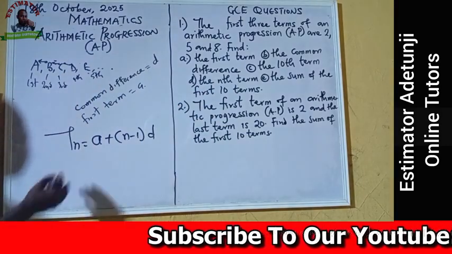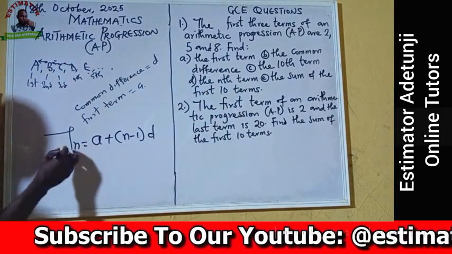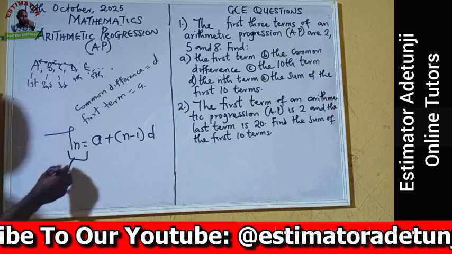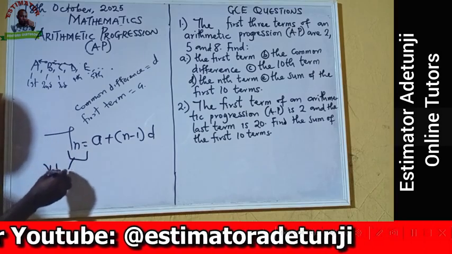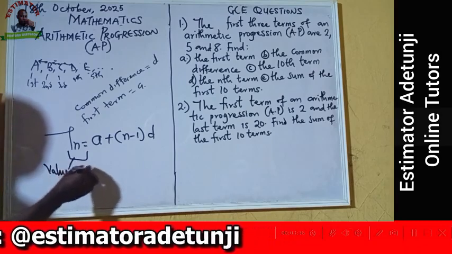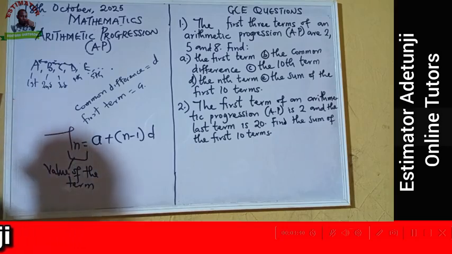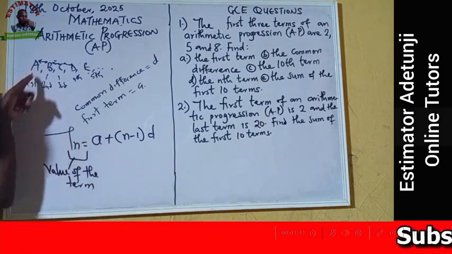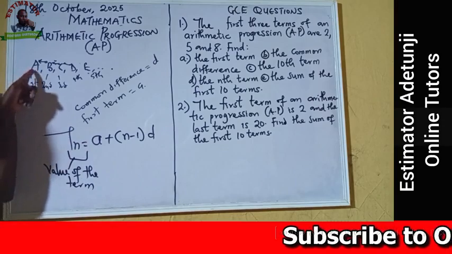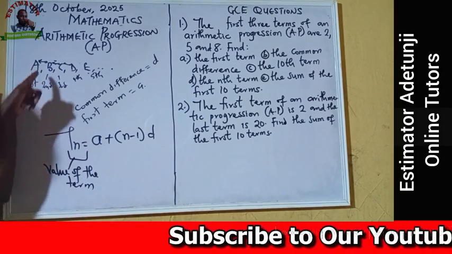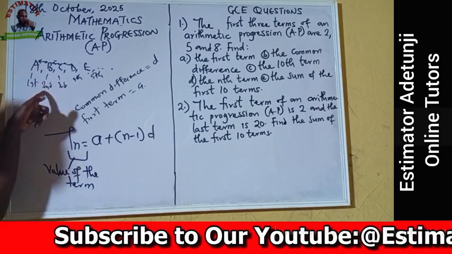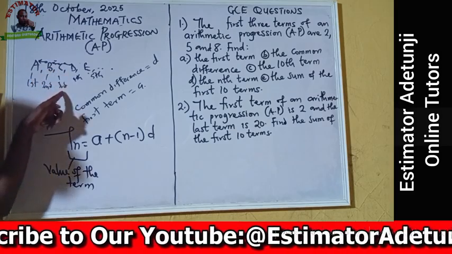Now, the next thing: what is the meaning of all these things I wrote on the board? This Tn you are seeing there represents the value or the worth of the term. How? Look at it now. My A occupied the first position. A is the worth of the first term. B is the value of the second term. C is the value of the third term.